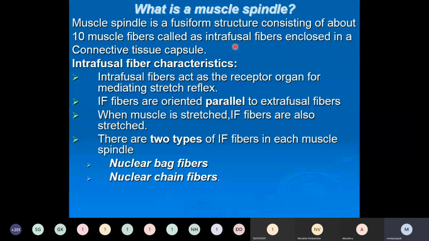Just as we have the baroreceptor sensing changes in pressure, changes in the muscle are sensed by this muscle spindle. They act as a receptor organ for mediating the stretch reflex, and these fibers are oriented parallel to the extrafusal fibers.